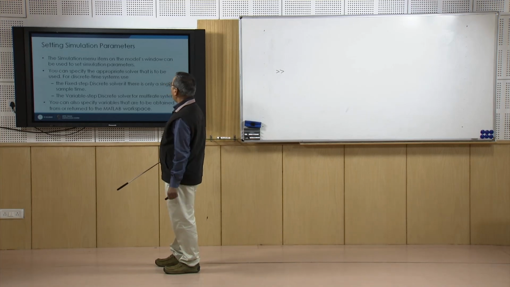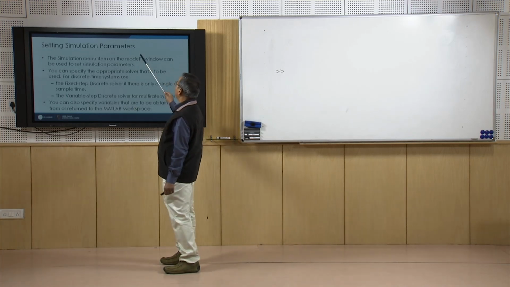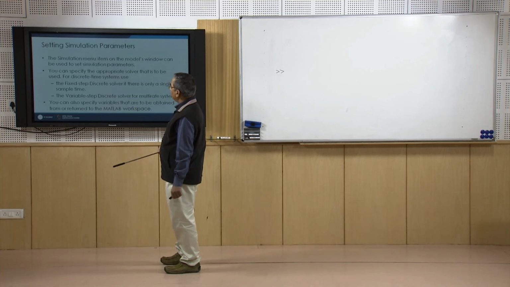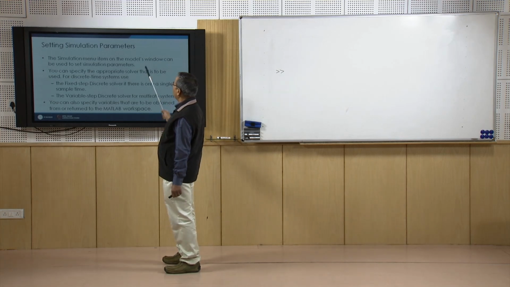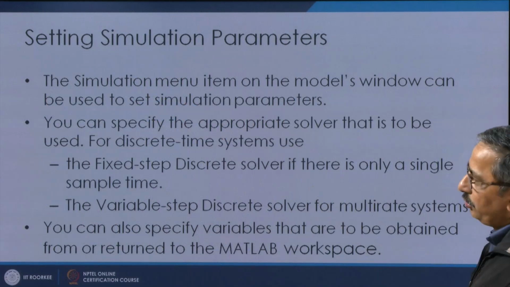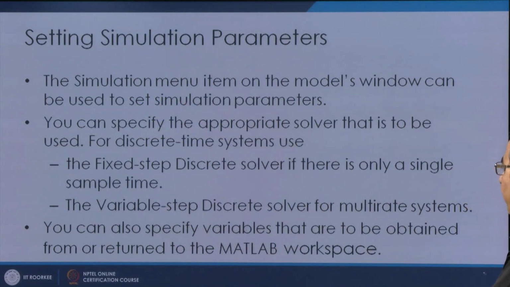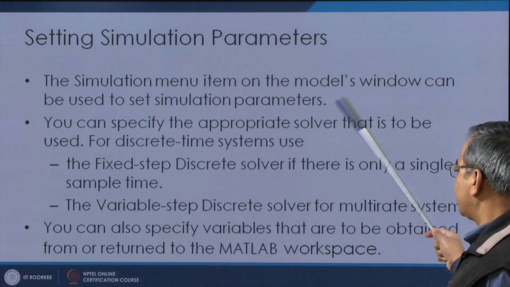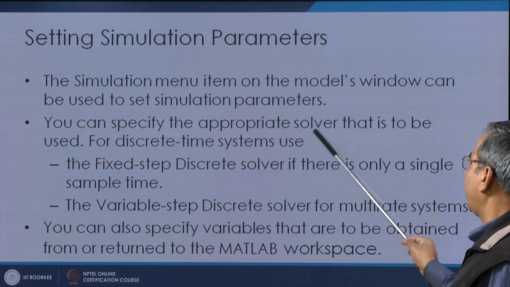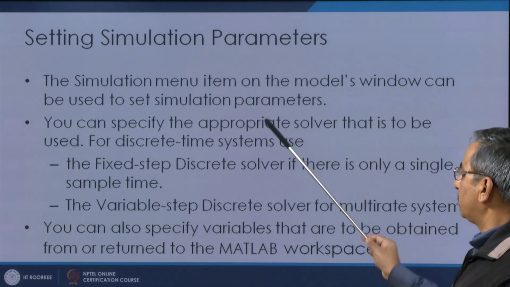Then how can we set the simulation parameters, okay. The simulation menu item of the model window can be used to set the simulation parameters. In these simulation parameters, you can specify the appropriate solver that is to be used.